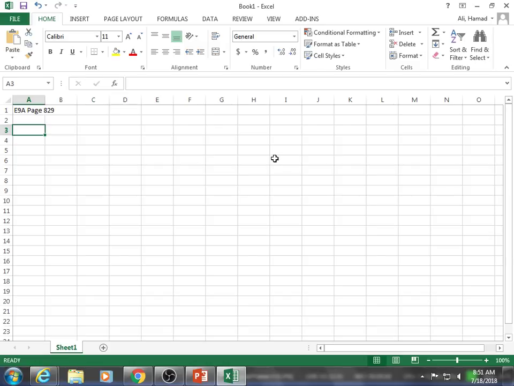So how do we figure out the direct material, the direct labor, and the overhead? First, the direct material. It is given to us in the statement of cost of goods.